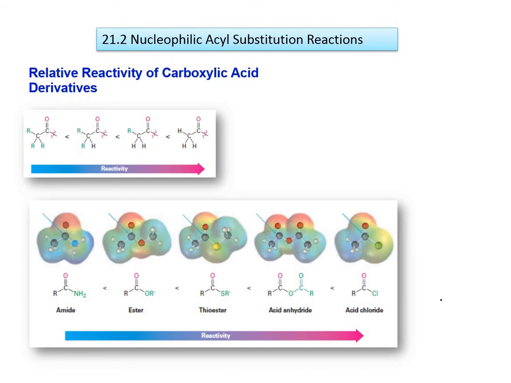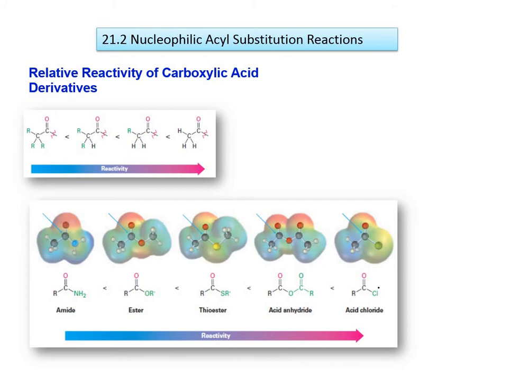You remember from electrophilic aromatic substitution reactions, substituents can be activators or deactivators based on two parameters. One, the inductive electron withdrawing or electron donating ability of the substituent. Second, the resonance electron donating or electron withdrawing ability of a substituent.